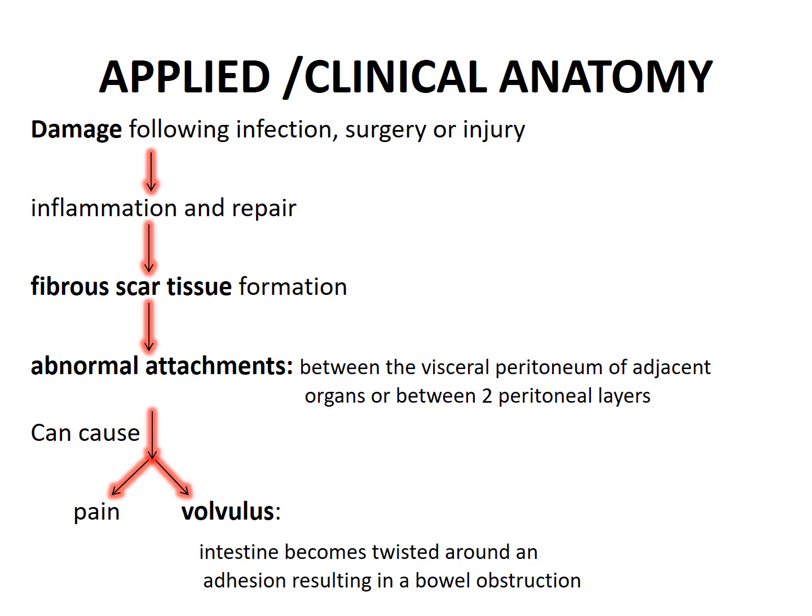Or in some cases, because of these bands or adhesions, a part of the intestine close to it may get twisted, and that may lead to obstruction of the intestine, and this is called volvulus.